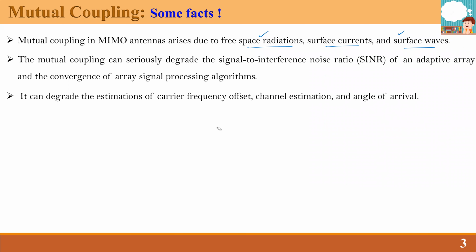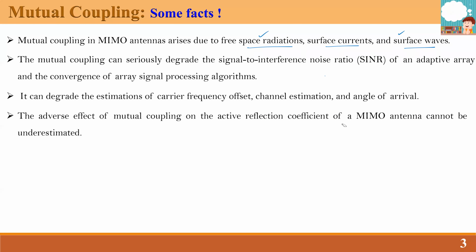Now, this mutual coupling can degrade the estimation of the carrier frequency offset, channel estimation, and angle of arrival. It can also adversely affect the active reflection coefficient. That is one of the new and interesting terms here, because most of you are familiar with the reflection coefficient. Then what is the meaning of active reflection coefficient?